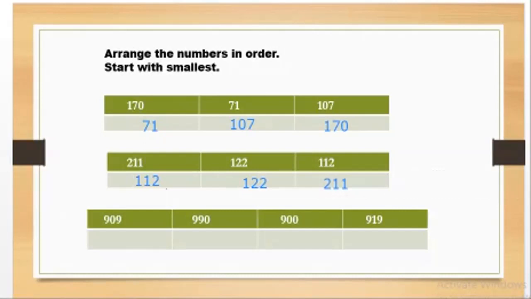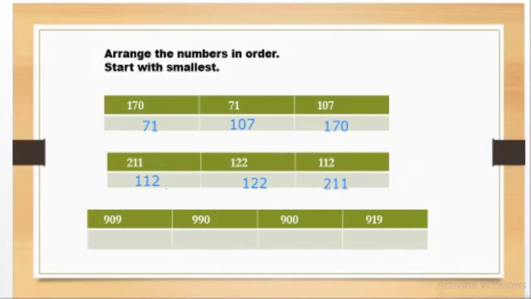Okay. The last example of this slide looks a bit longer, but it's very easy, and I am going to tell you a method by which you can easily solve it. You read the numbers and compare their place values, and then you can figure out which is the smallest number.